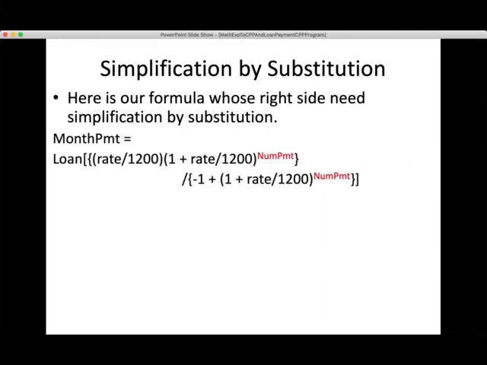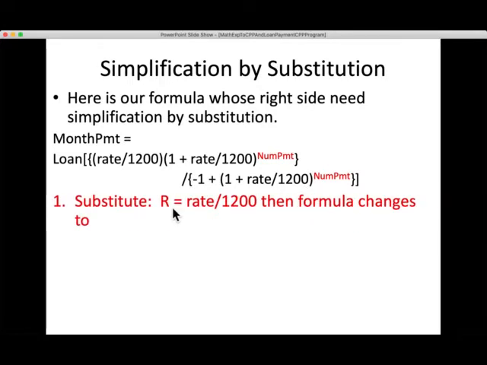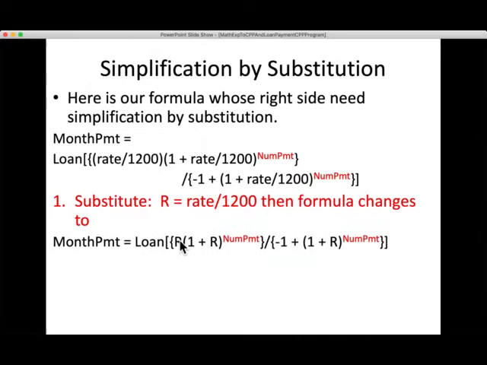And we want to simplify the right side. So notice we see this rate divided by 1200 here, here, here. So that could be replaced by one variable. So we substitute capital R for rate divided by 1200. So R will go here, here, and here. So just think of this as capital R. So our formula changes to this.